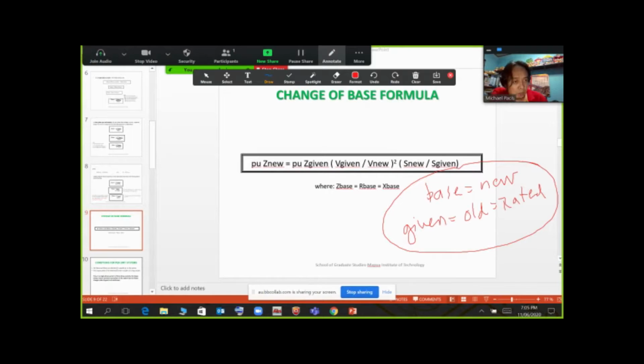Okay? So you will use this formula if you see percentage values of the impedances. For example, you have a transformer and there's a percentage impedance here, I could say 5%. You need to convert this given parameter to its corresponding basis, which is dependent on the base computations of the system. We will make use of that later.